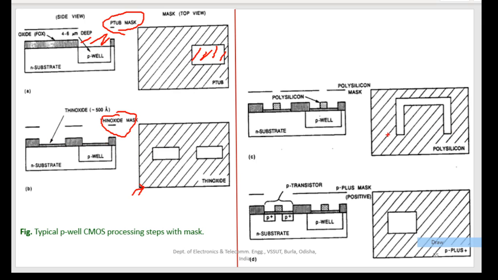Okay, and now we want to form the gate location. And if you remember, the gate of NMOS and gate of PMOS was connected commonly to feed the input signal. Okay, so the mask that will be used for this is called the polysilicon mask, and this will contain this window that is open here like this. Okay, why is it like this? Because this is this particular, and this area is this particular.